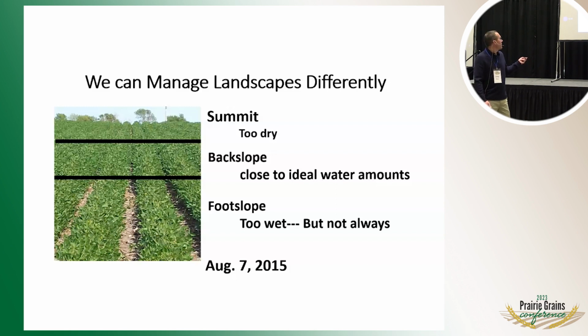On our summit, you can see we really don't have canopy closure. Our back slope has a nice full lush soybean canopy. And our foot slope was probably too wet for much of the growing season. As we go across the field, whether it be spraying something or planting a different rate, do we have potential to change things from here to here to here? One of the goals of our on-farm program is to help farmers see if that's a possibility in their fields.